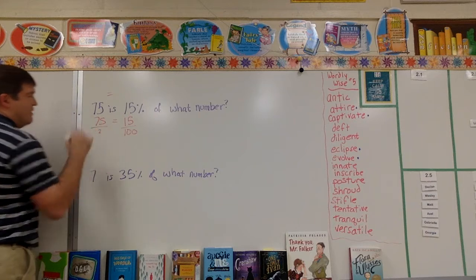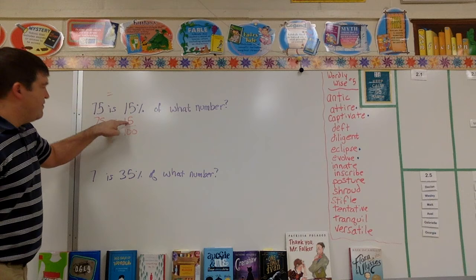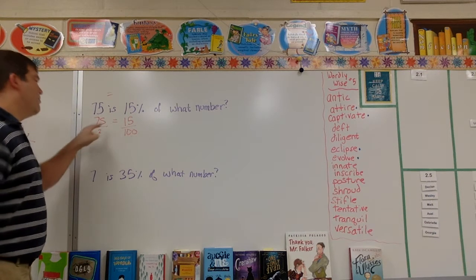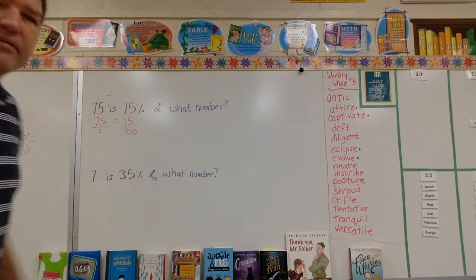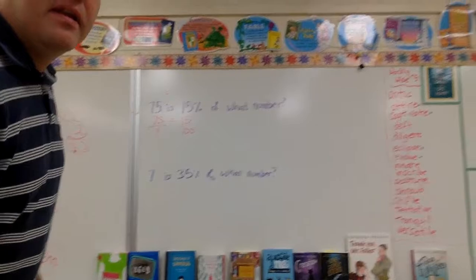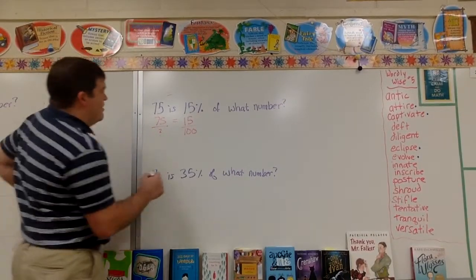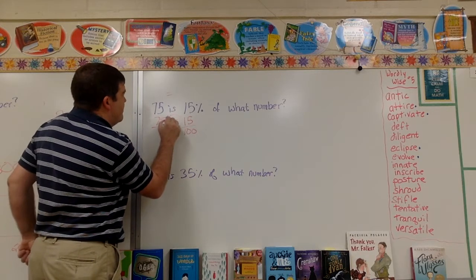I just don't know what that is. 75 is 15%. But if I have 100%, what number do I have here? I don't know. Got to figure that out. And how do you figure that out? You got to figure out, what am I doing to go from here to here?